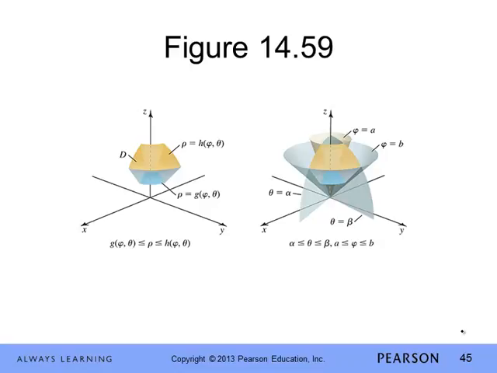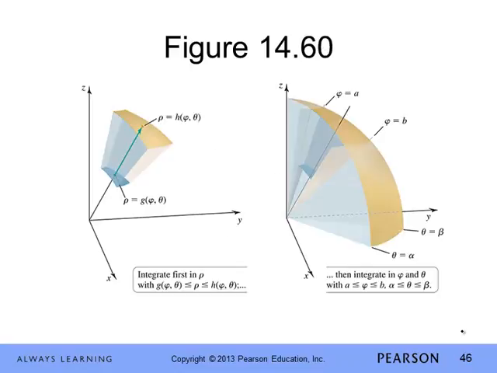A lot of times rho is going to be a function of only phi. A lot of times theta is just going to have nice constant limits of integration. But it doesn't have to be that way, of course. So here, just a different view of what we just saw. Rho varied between two surfaces, which are functions of phi and theta.